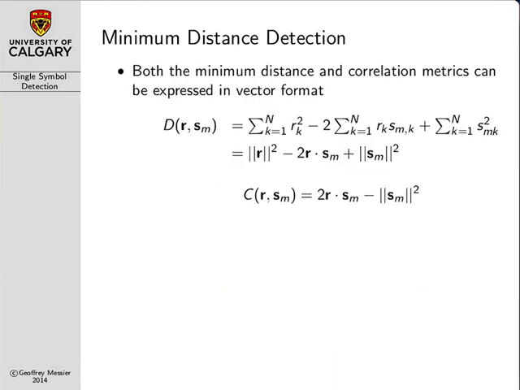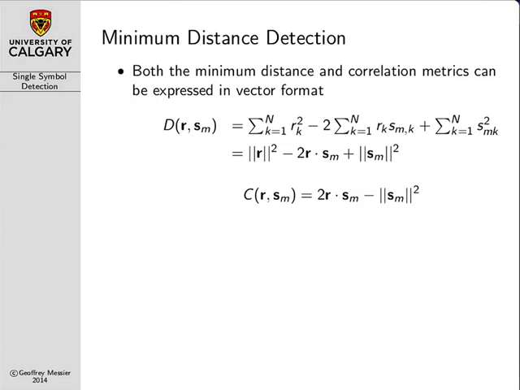So now, even though minimum distance detection seems fairly simple and intuitive, and it is, we can continue our quest for greater computational efficiency even further. The squared Euclidean distance does require a squaring operation, which is a multiplication. To simplify things even further, we can expand out the summation of squares.